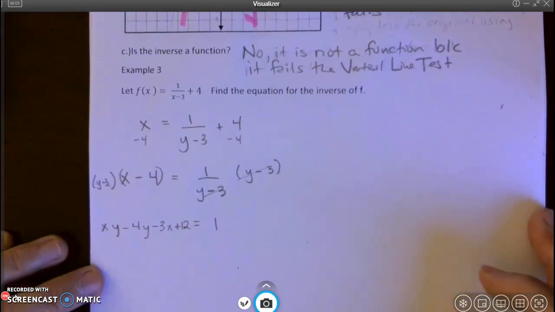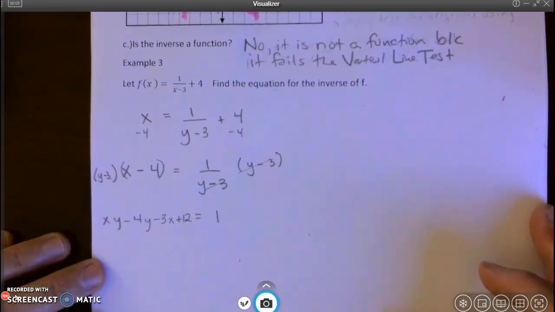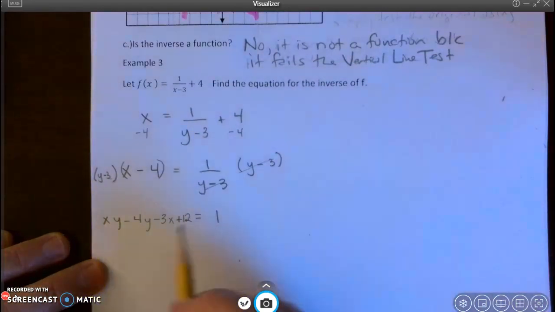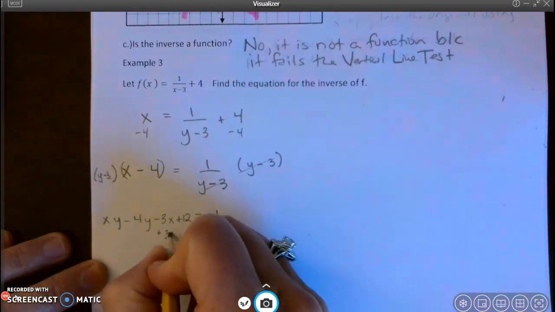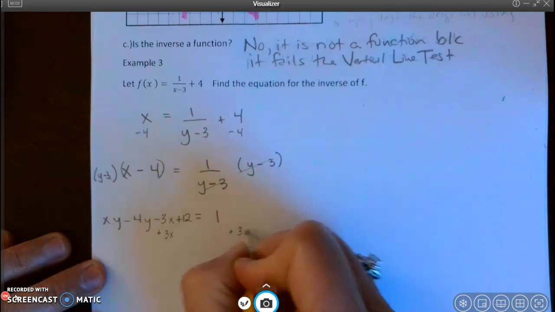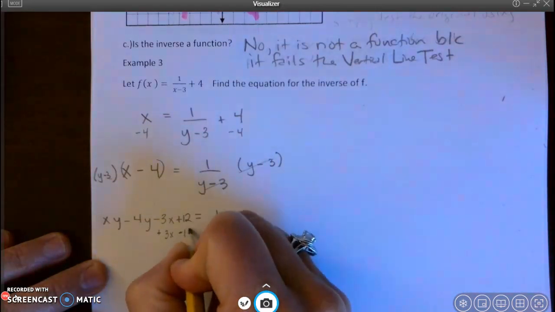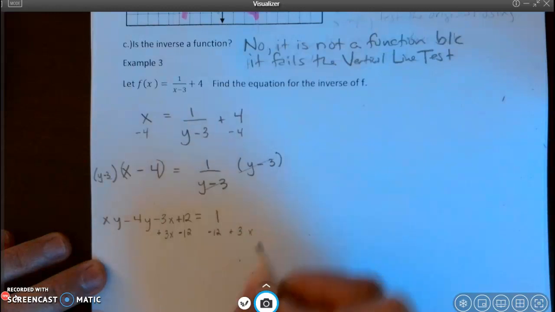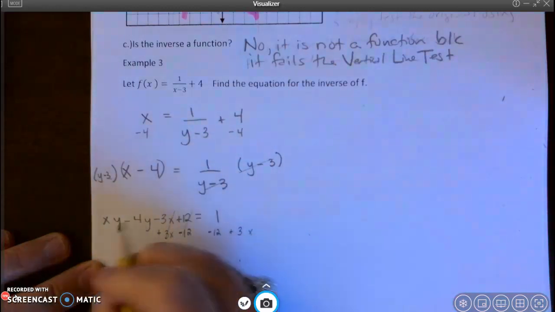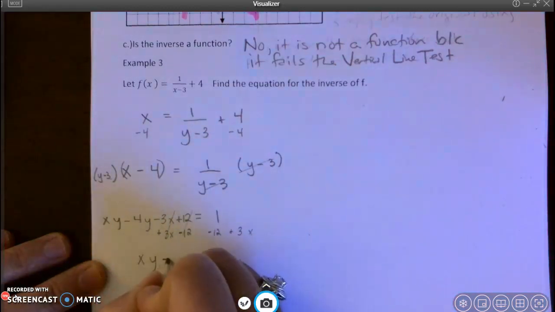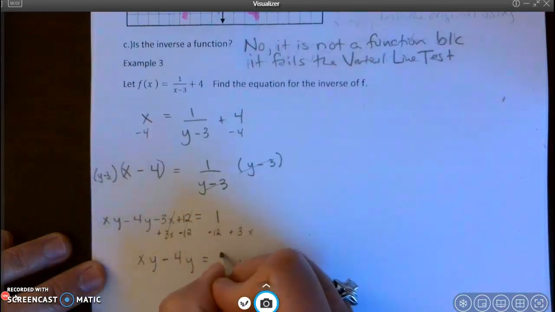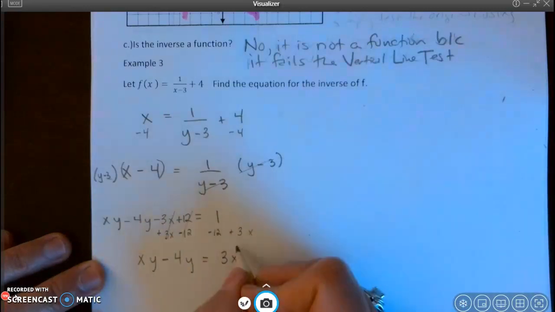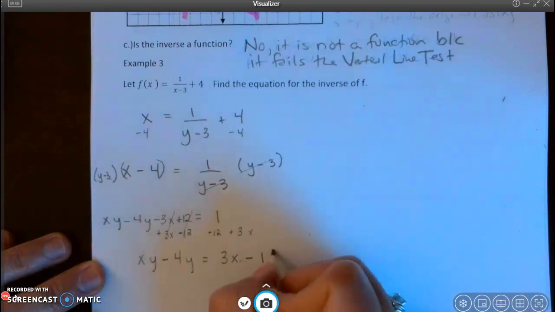Still trying to solve for y, I could at least move the 3x and the 12 to the other side: plus 3x, minus 12 on both sides. These cancel, and I'm left with xy minus 4y equals 3x minus 11. We usually write our variable first.